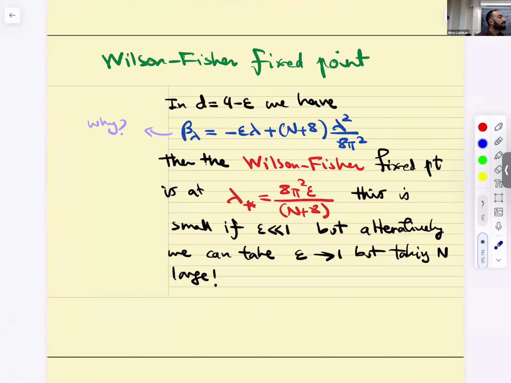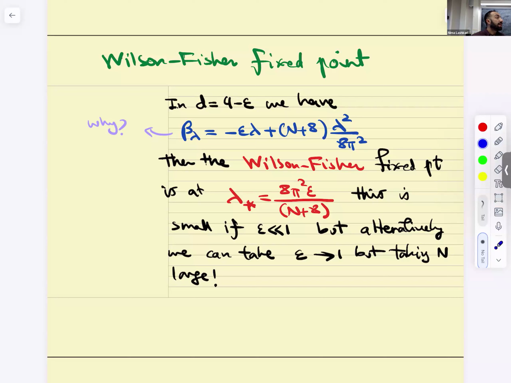That sounds silly, right? Can I put epsilon equal 1 and interpret that as a critical theory in 3 dimensions? Is that kosher? Well, one worry you might have is why did I need small epsilon?